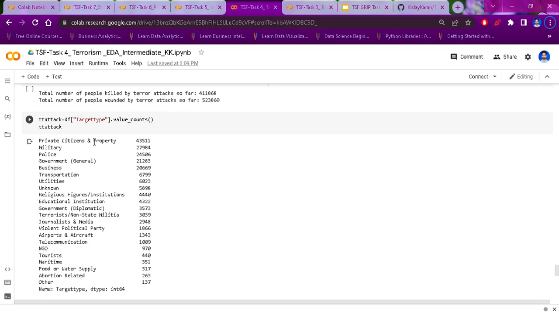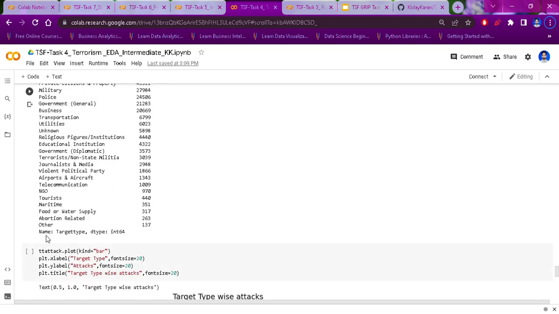Next is the target type value counts: what types of targets they have attacked mostly, based on all the terror groups across the globe. They have mostly attacked private citizens and property, followed by military bases and police stations and government assets and infrastructures.